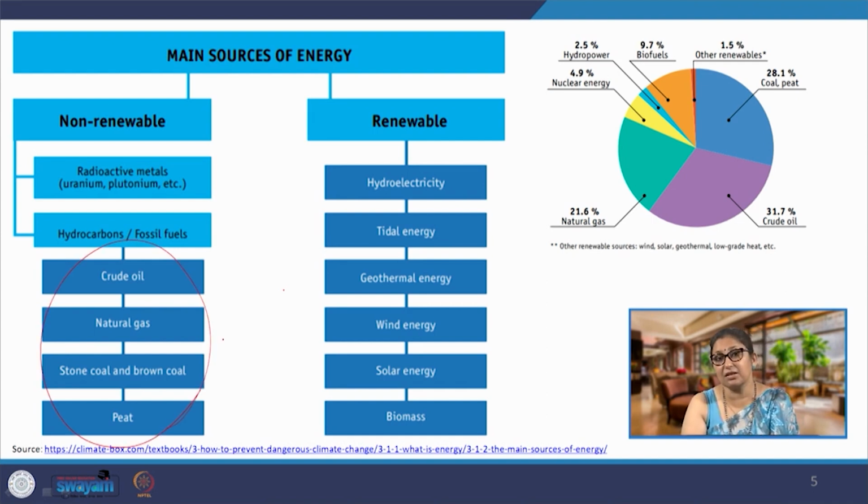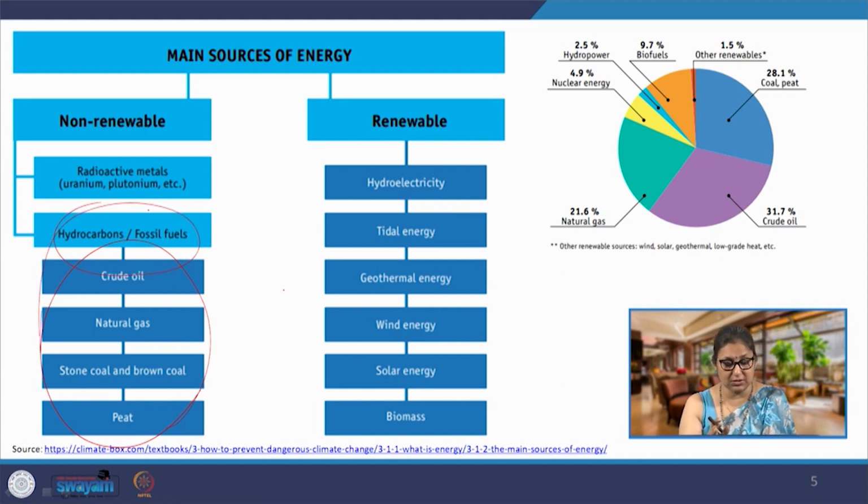So, we are extracting these fossil fuels which are carbon rich from underground, and then we are burning them, we are combusting them to produce heat, which is in turn used to produce electricity. This is the whole cycle, and we are looking largely at the hydrocarbons and fossil fuels.